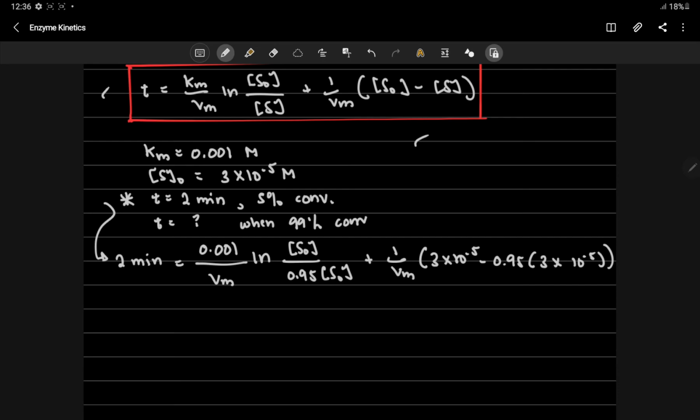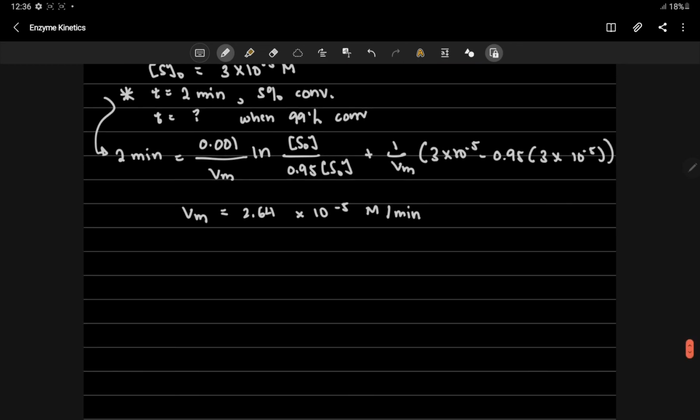So, iisa na lang ang unknown dito, which is Vm. So, you will be able to calculate Vm. Okay? So, doing that in your calculators, you will determine that Vm is 2.64 times 10 raised to negative 5 molar per minute. Okay, kasi naka-minute yung time natin, naka-molar yung concentrations natin.